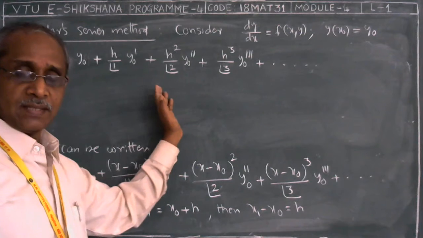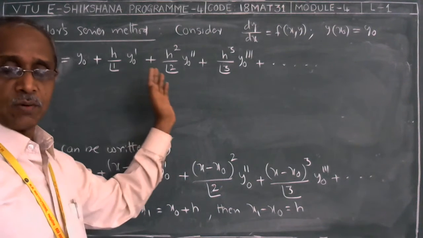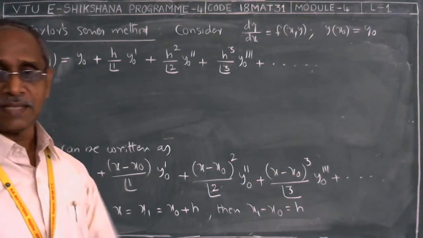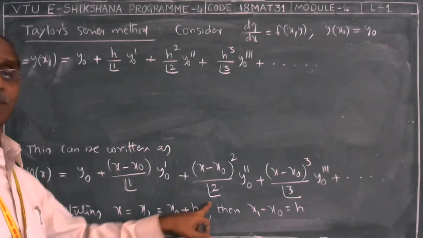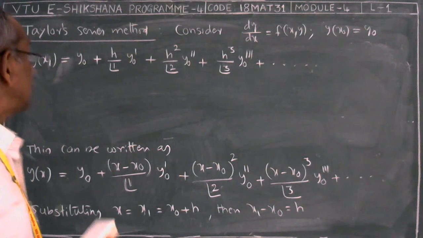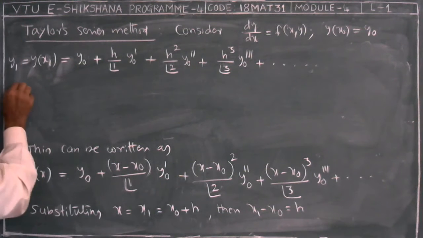Expanding y of x around the point x is equal to x1 in terms of Taylor series and substituting x is equal to x2 is equal to x1 plus h, we get y2.